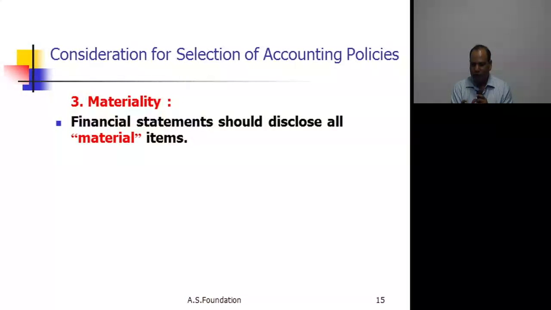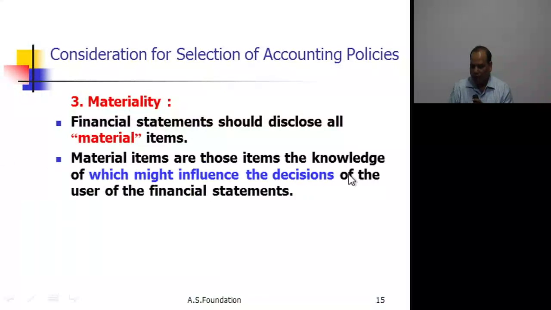Here the word material means all important items. Now what is important? Which can influence the decision of the user of the financial statement. An accounting information, the knowledge of which may influence the decision of the users of the financial statement. If I know this information, I may take this decision. If I don't know this information, I could have taken another decision.